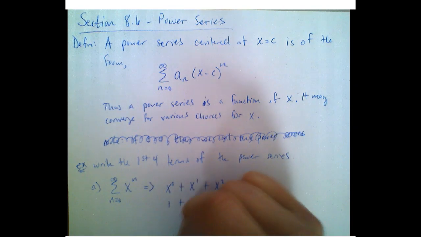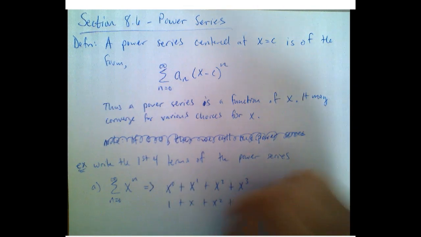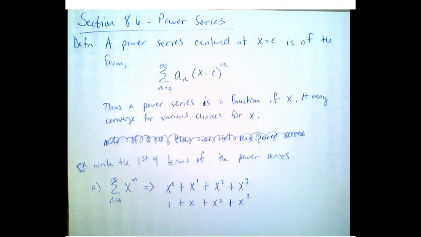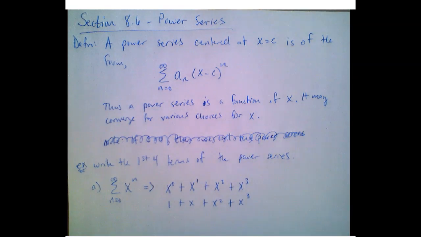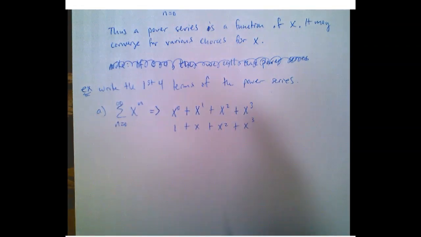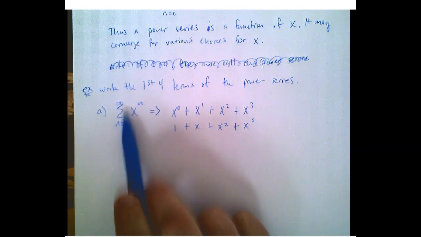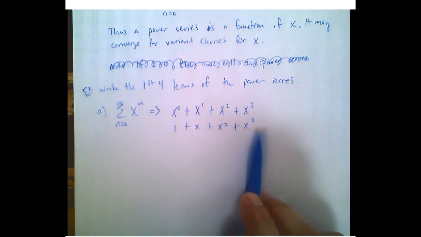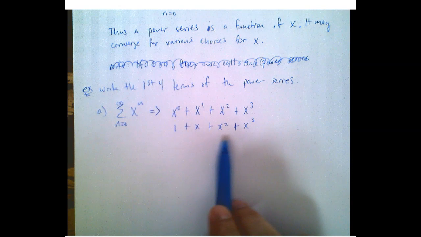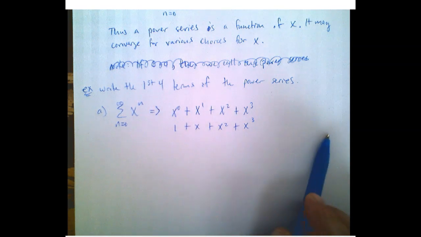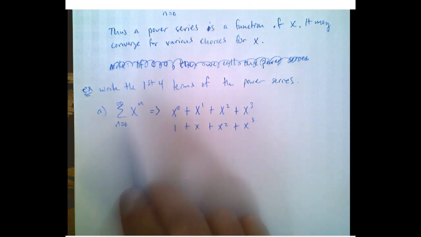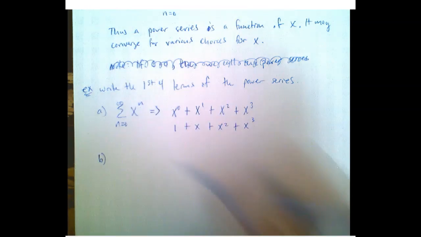Or 1 plus x plus x squared plus x cubed. So you can see that we can continue this actually. So you get this infinitely long polynomial function that is the series there.